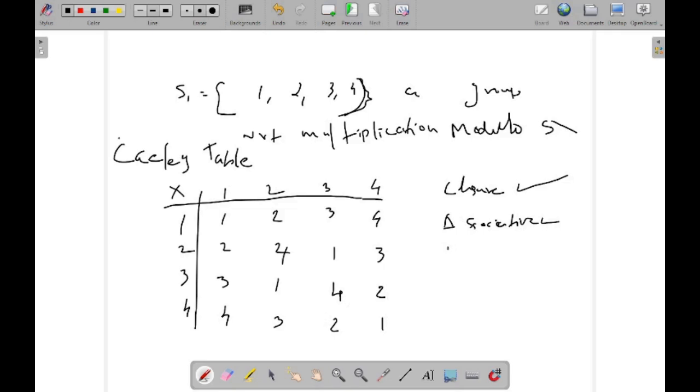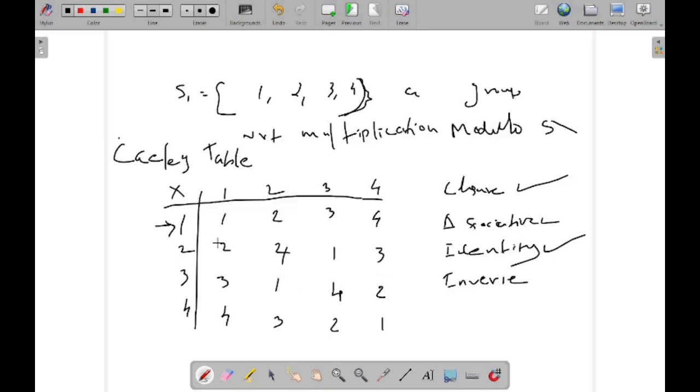Then the existence of identity, that is, if A is an element of the set, A into E is equal to A. Here you can see 1 is the identity element. Then the existence of an inverse for each element.